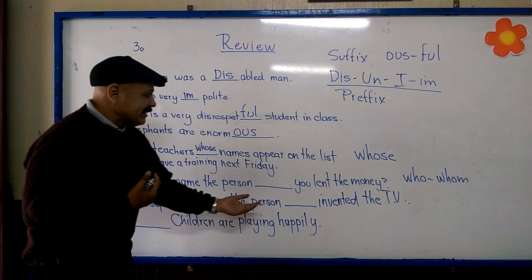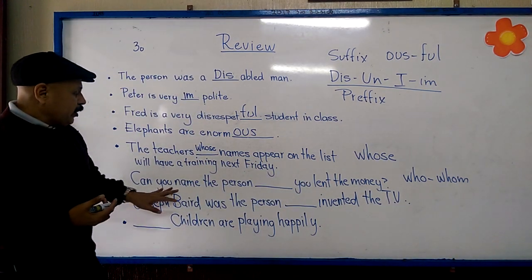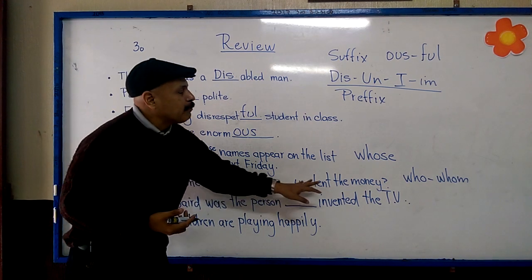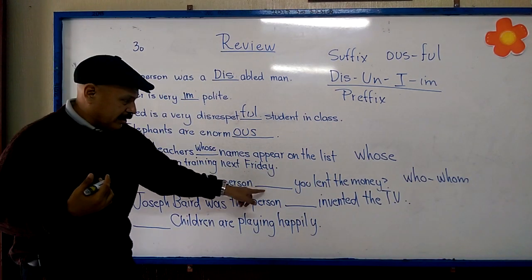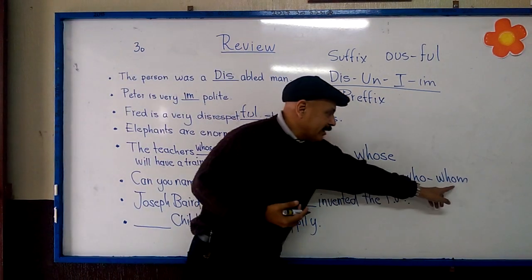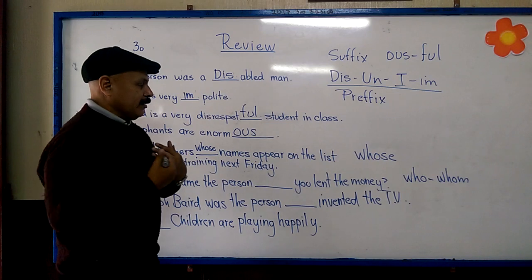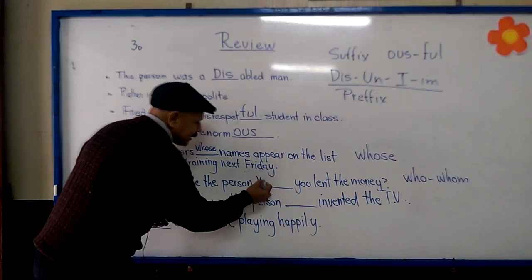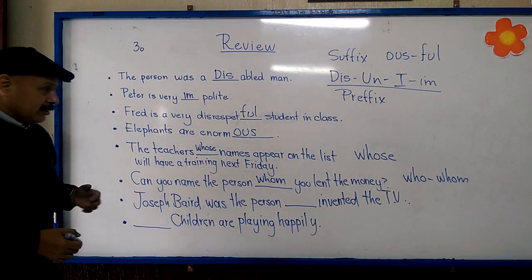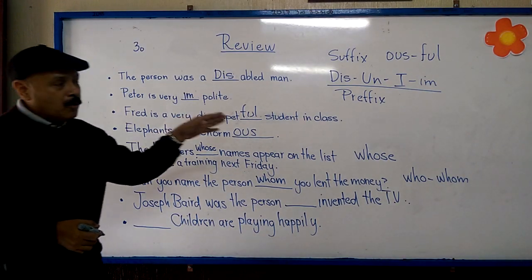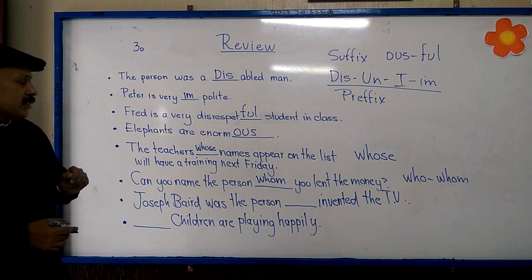So in this case, who is receiving the money? Dice, puedes nombrar a la persona a quien le prestaste el dinero. ¿Quién recibió el dinero? Esa persona. Entonces, la que tenemos que usar es whom, porque es la persona que recibe la acción. Whom you lent the money. Tienen que estudiar who y whom. El uso de who y whom. Can you name the person whom you lent the money?